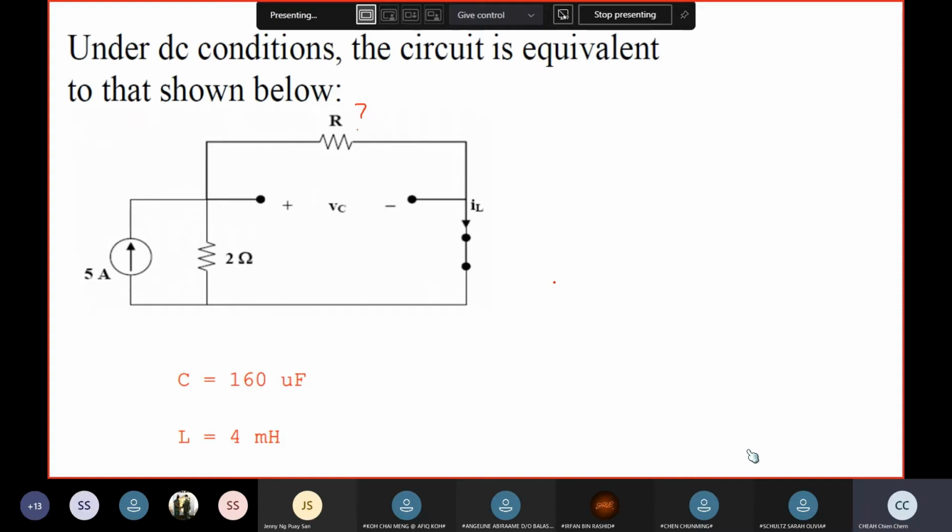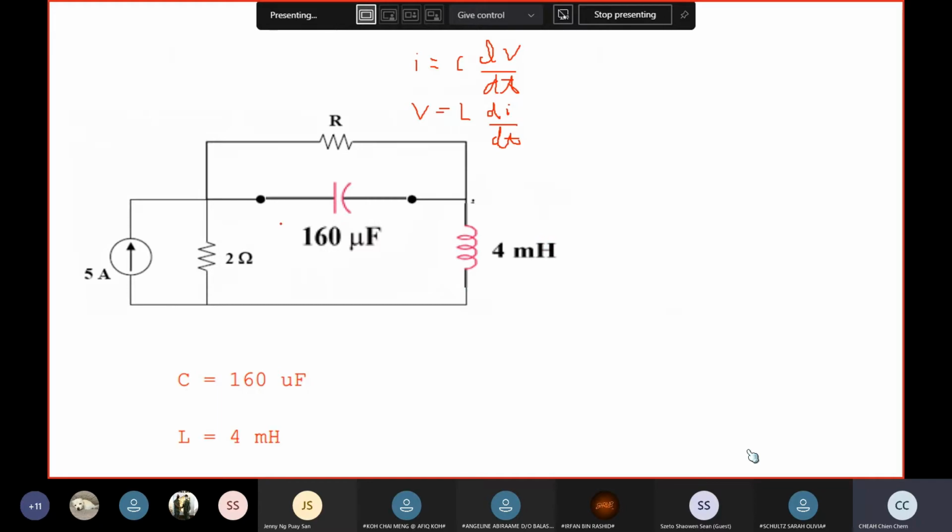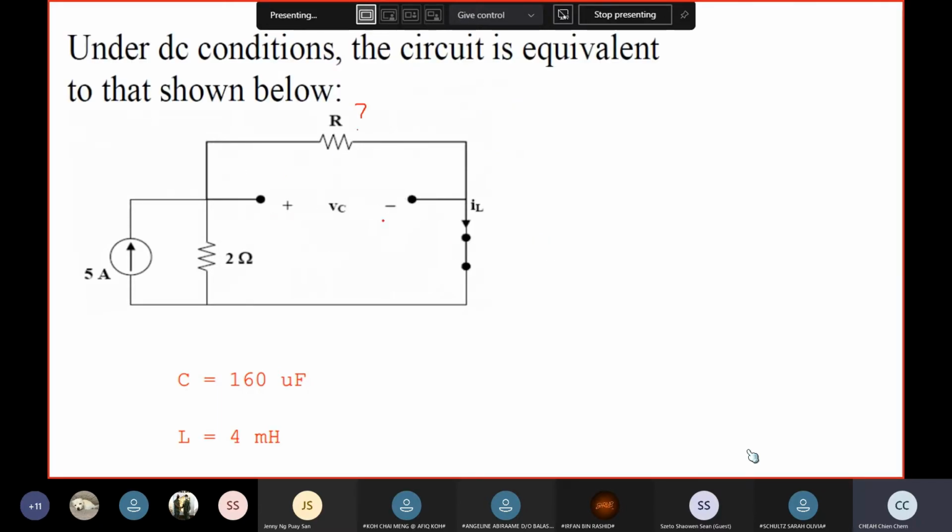Firstly, the voltage across the capacitor is the voltage across the resistor, correct? In fact, if you look at this, these two are parallel. This means that VC is equal to the current flowing through it. Now, if this is IL, because this is the current flowing through the inductor, and this is open, this is also IL, right?